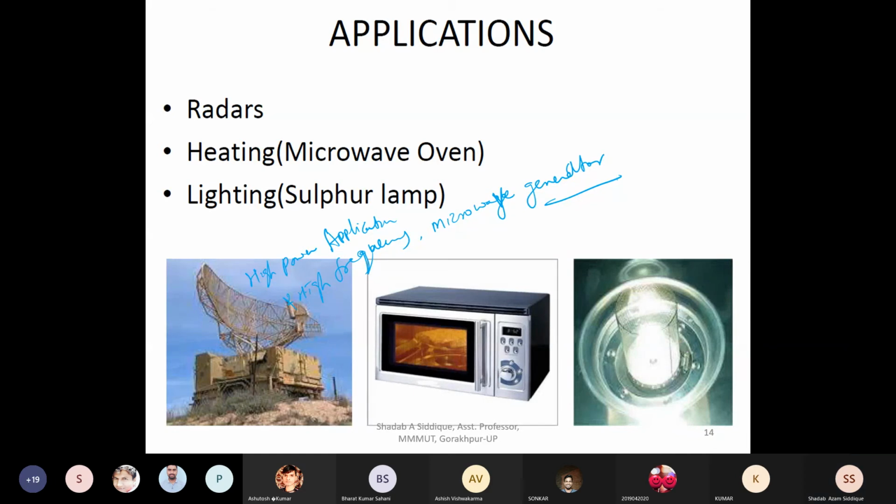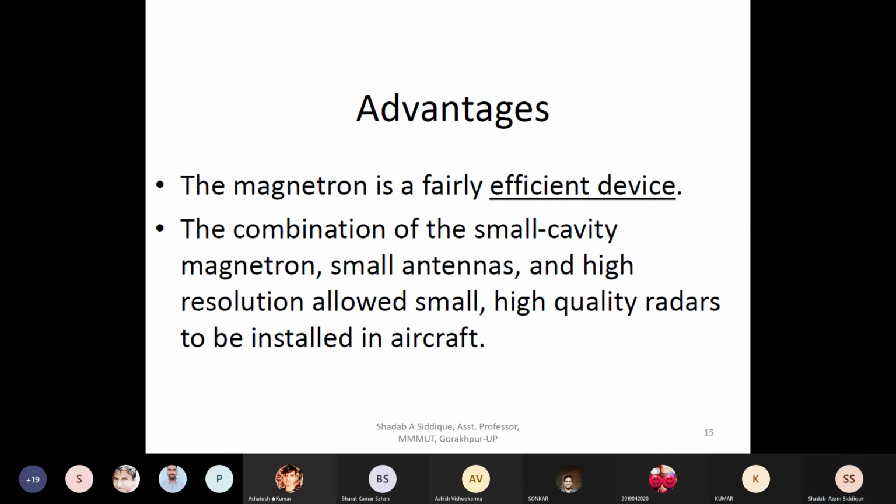Now, what are the advantages of this magnetron? The magnetron is a fairly efficient device, and we can use it effectively if the construction is done in a proper manner. The combination of a small cavity magnetron and a small antenna allows high resolution.